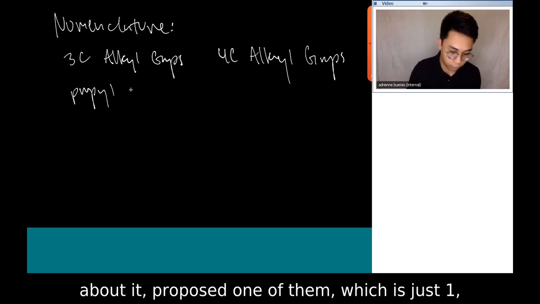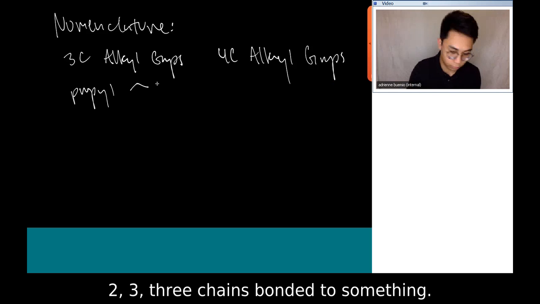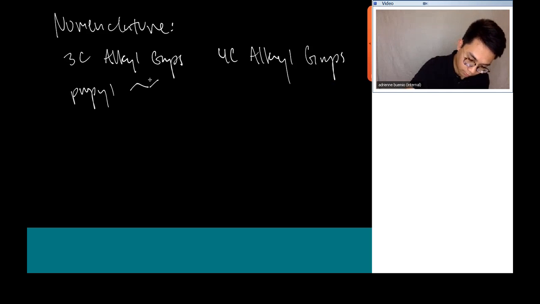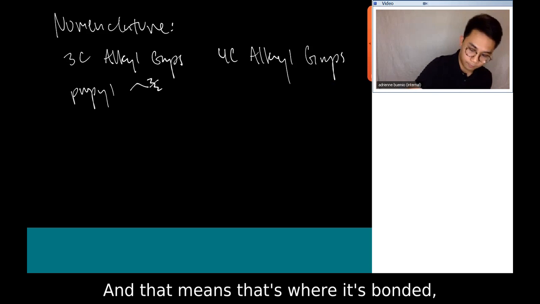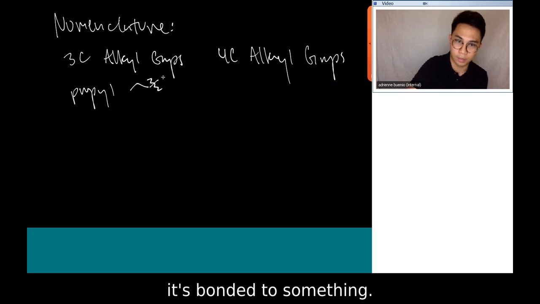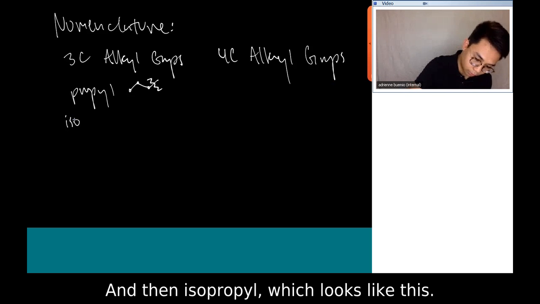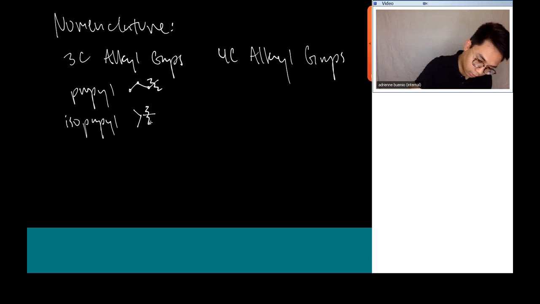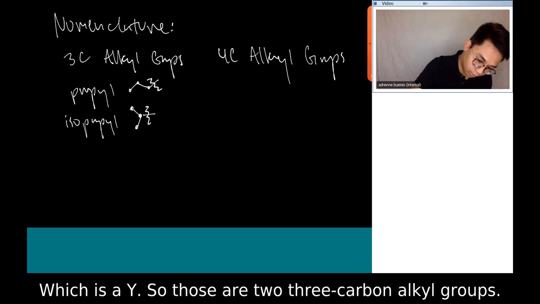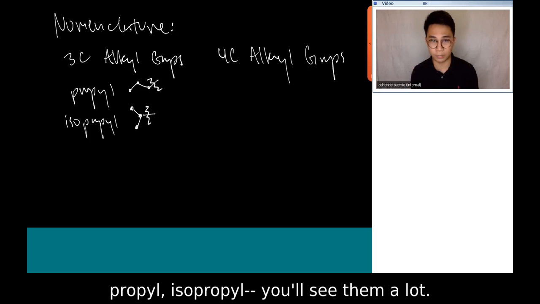Propyl is one of them, which is just a one, two, three chain bonded to something. That means that's where it's bonded at. But we have 3 here, one, two, three, and then isopropyl, which looks like a Y. So those are two 3 carbon alkyl groups, and you'll see these a lot. Propyl, isopropyl, you'll see them a lot.